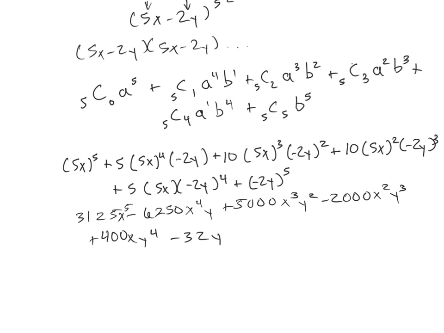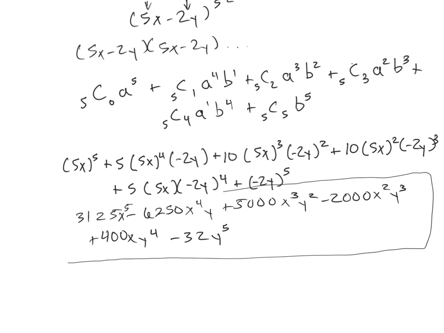Fix that 5 here. And that is how we would do it. Instead of foiling all that out, you would use your binomial theorem to figure out the expansion form of a particular binomial.